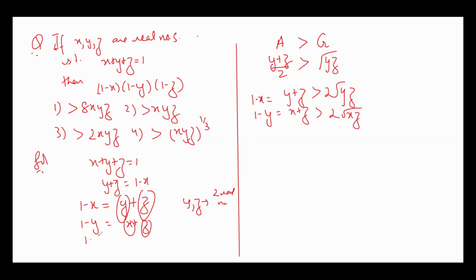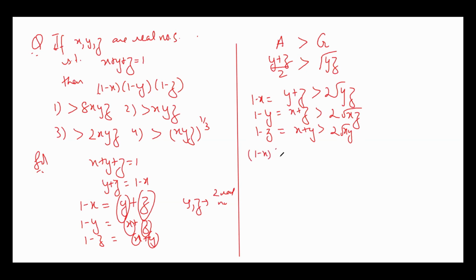What next? 1 minus z is x plus y. Again, this is sum of two numbers. Mean of those two numbers is x plus y by 2 and their GM is root xy. So, why repeat again and again? And now look at the question. We have to find the product of these three equations. So, if you are multiplying left hand side, you have to multiply right hand side.